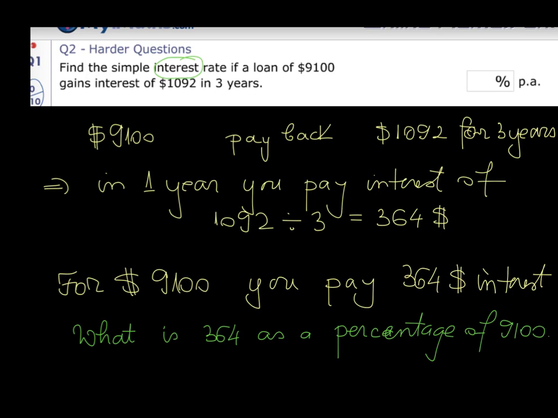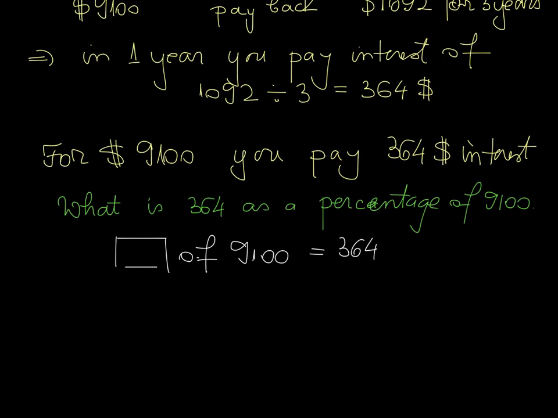If you want, with the previous model that we used, a percentage of 9100 was 364. So to find this percentage, remember of is times.